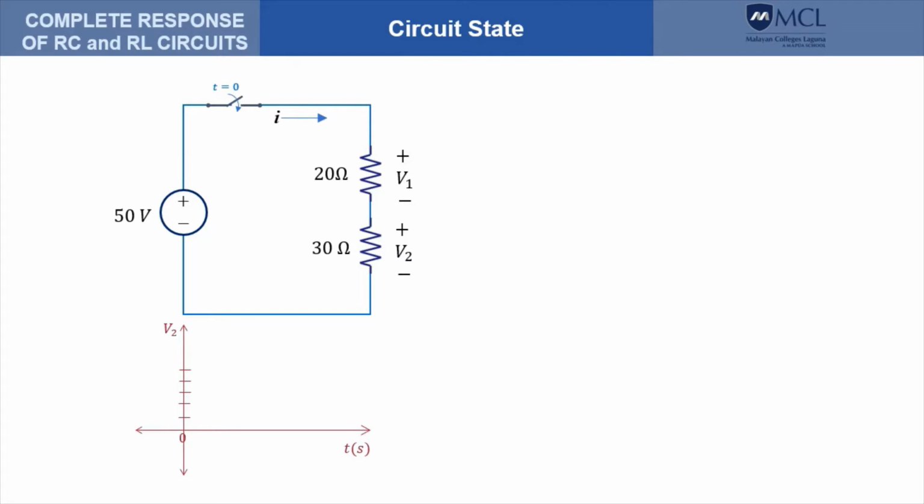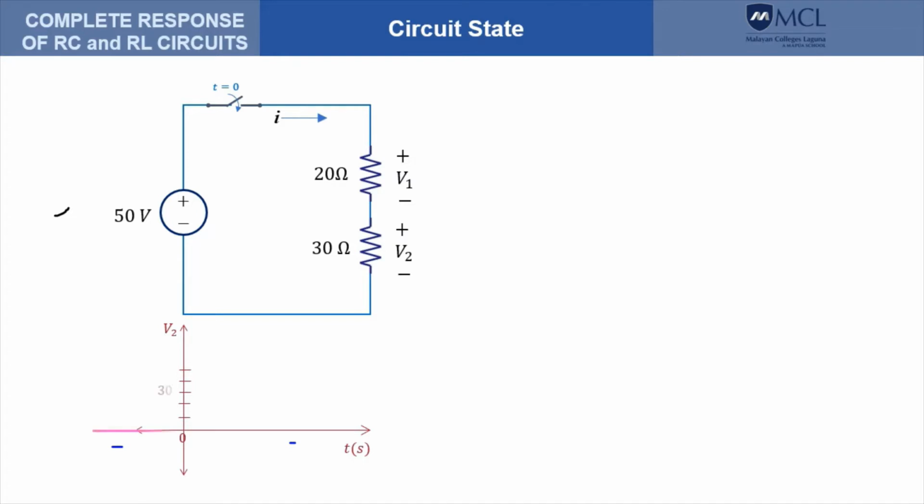Let's say I want to plot the magnitude of the voltage at any given time. Take note that this circuit has its switch closed at time t equals 0. So the time before 0 has a negative value on the left side and positive on the right side. So this is the plot.